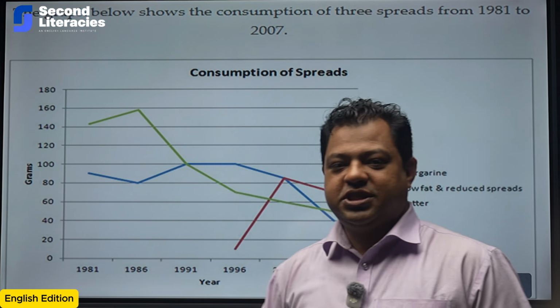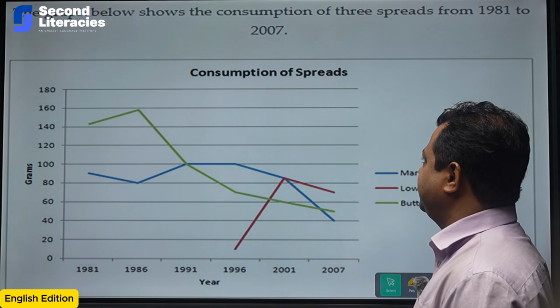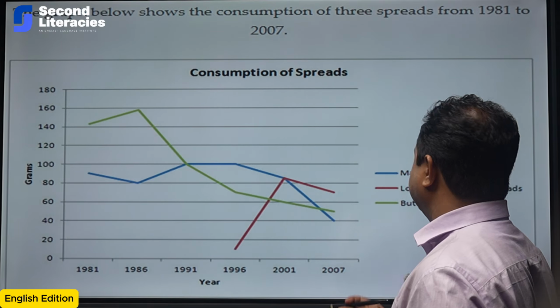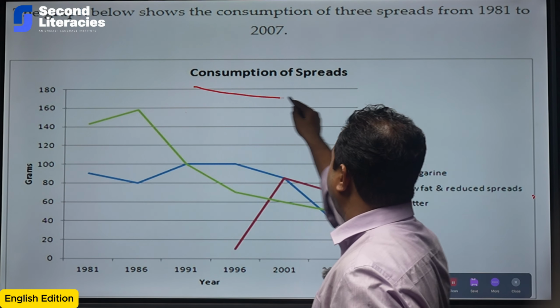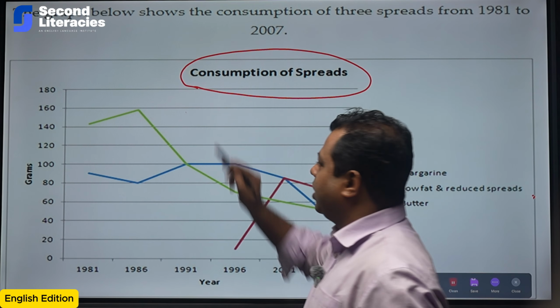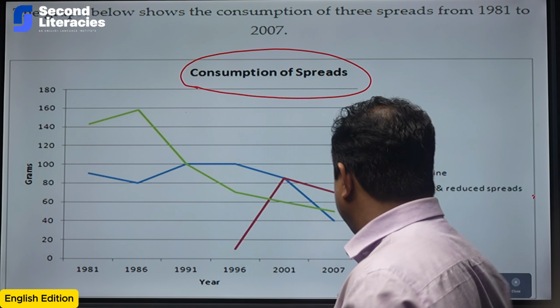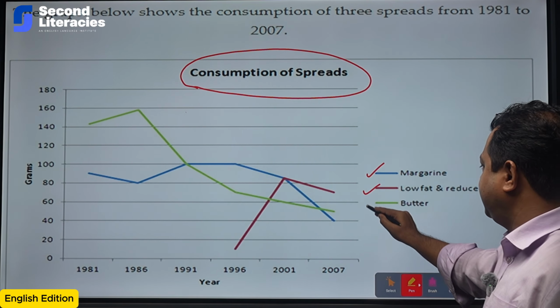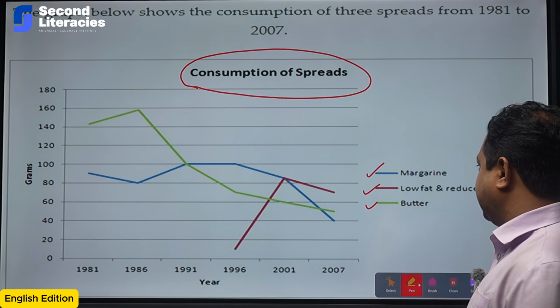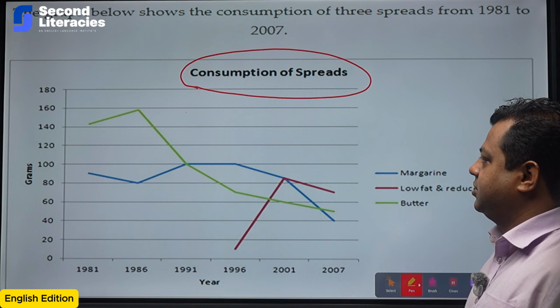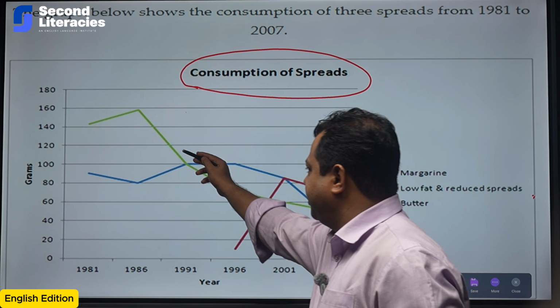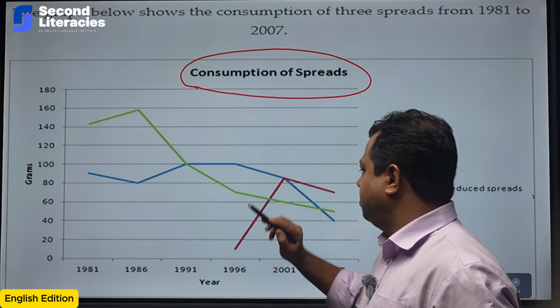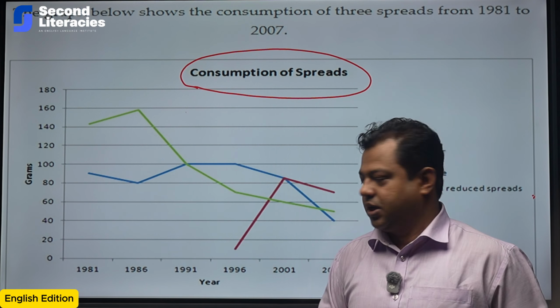Here you can see one line graph which is showing the consumption of spreads. What types of spreads? The spreads are margarine, low fat and butter. There are three colors the graph used: one is green, another one you can see is blue, and the red color.